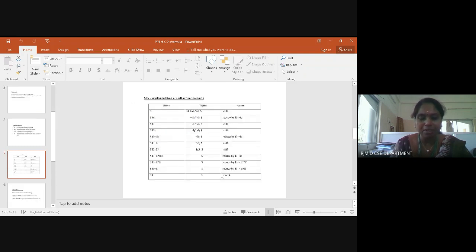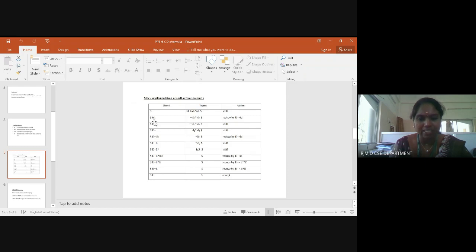For example, take the production E tends to E plus E into E. The input string is ID1 plus ID2 into ID3 and dollar. First we shift ID1 onto the stack.